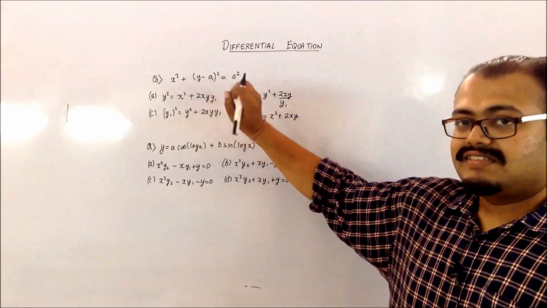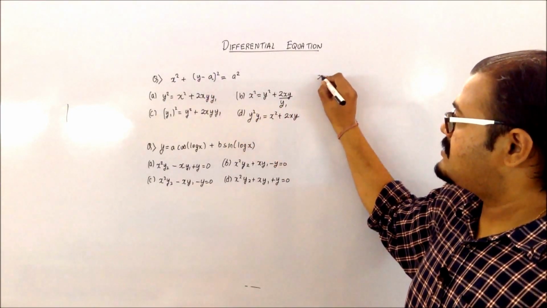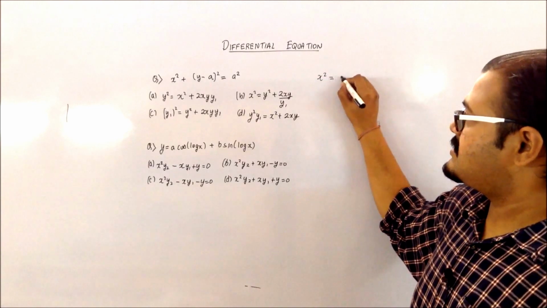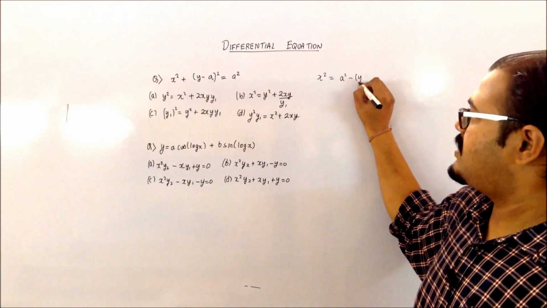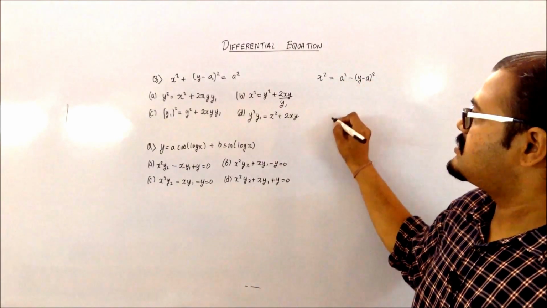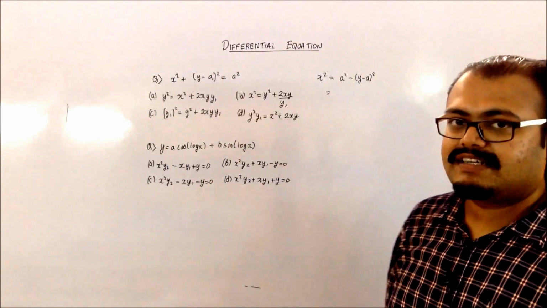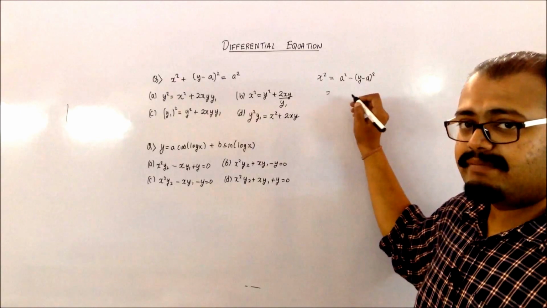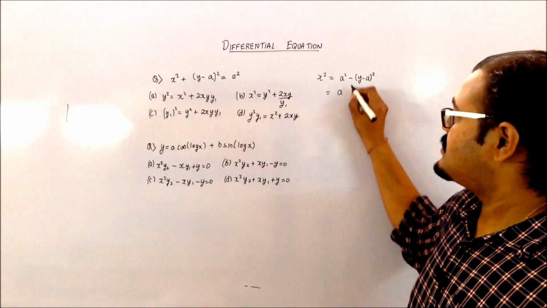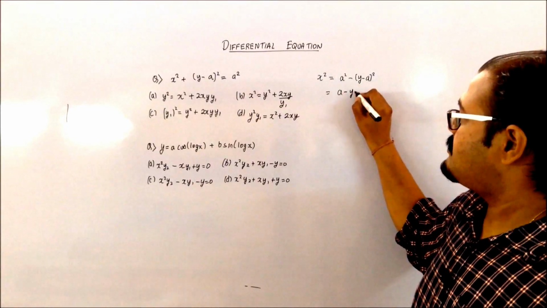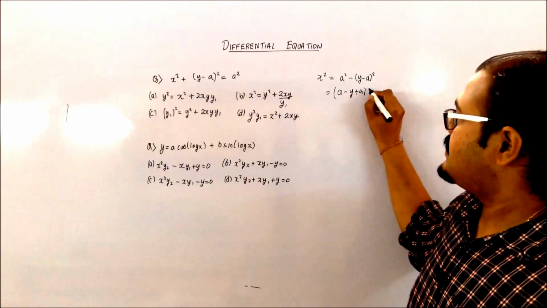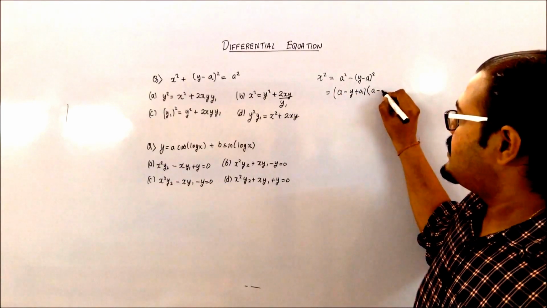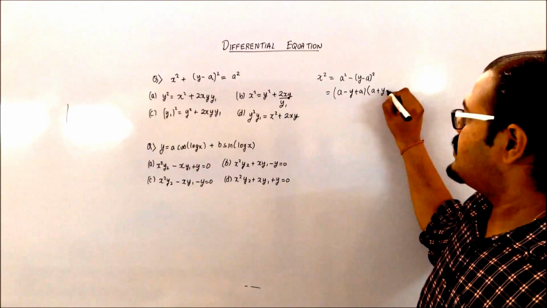A simple trick over here: you can rewrite this equation as a square minus y minus a the whole square. You can see that this becomes a square minus b square identity, which is a minus b into a plus b. So you will have a minus y plus a into a plus y minus a.